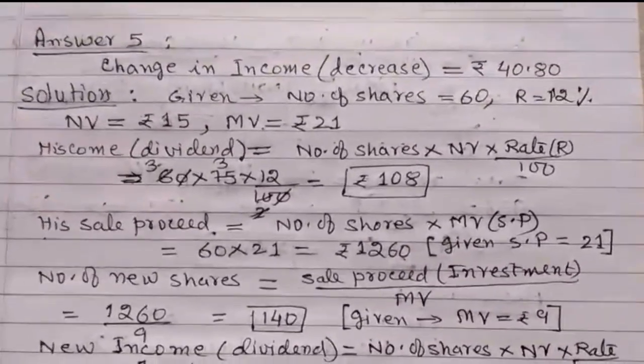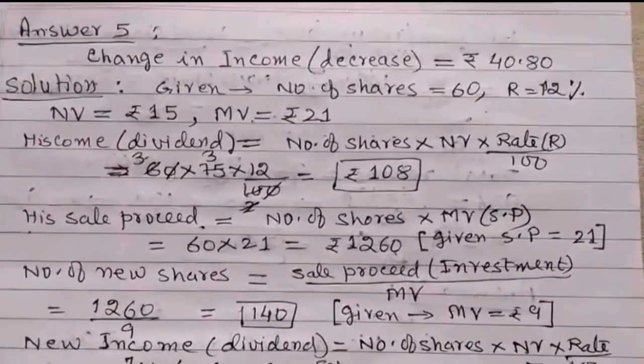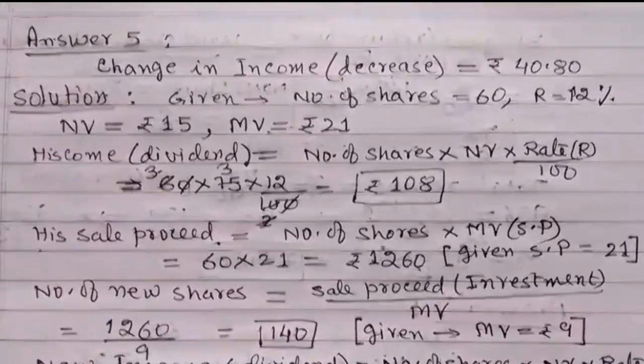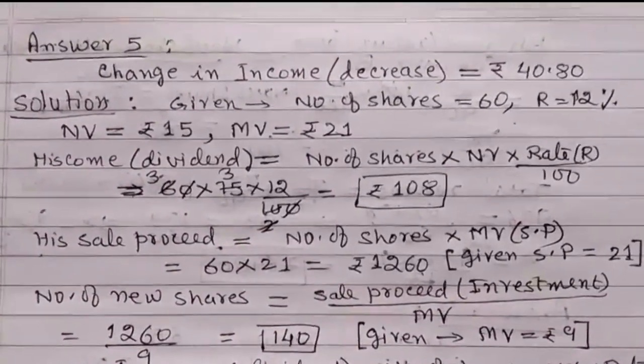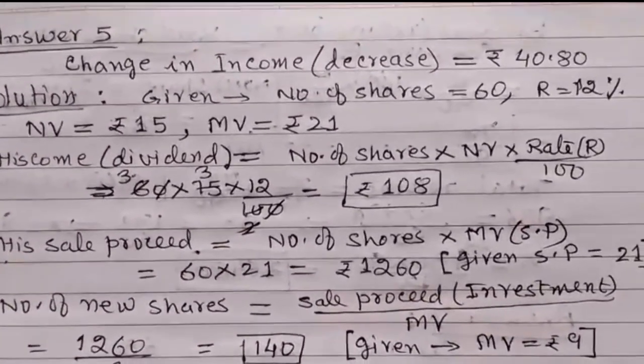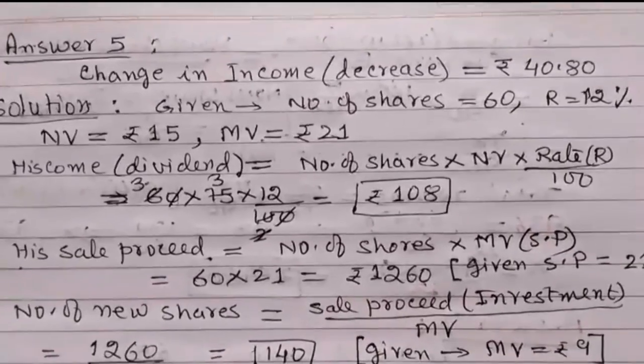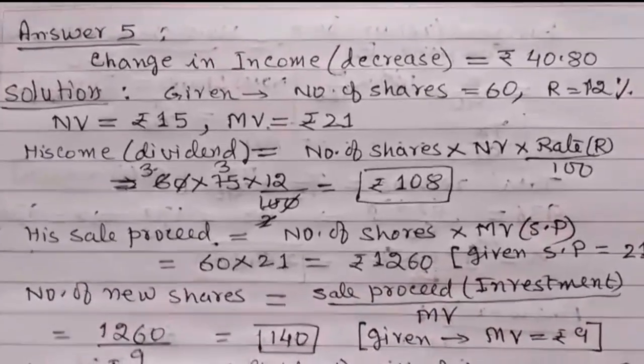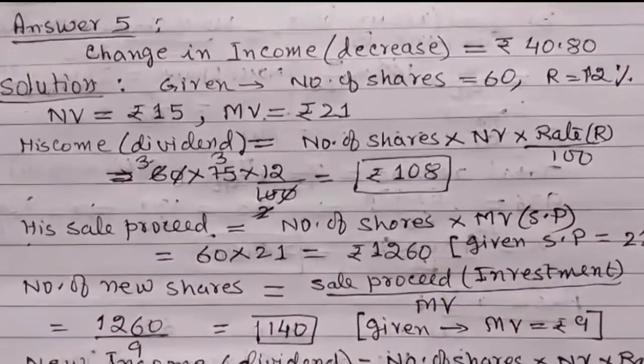We have to find out the change in his income. The change in his income is equal to his dividend, that is income from his first share, minus his income, that is dividend from the second share.